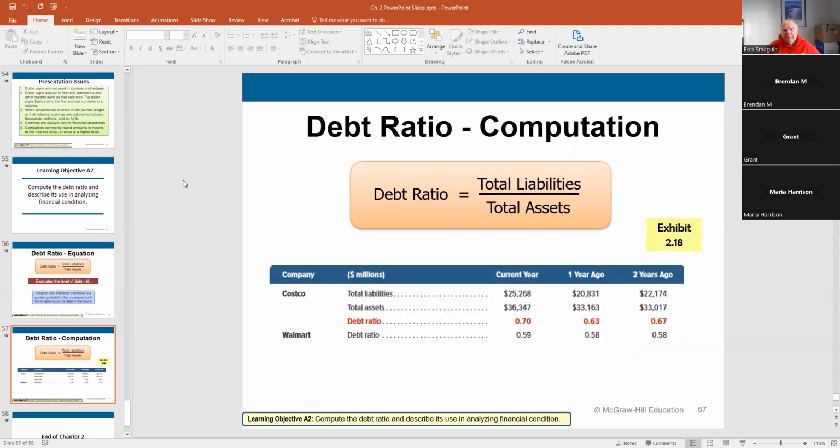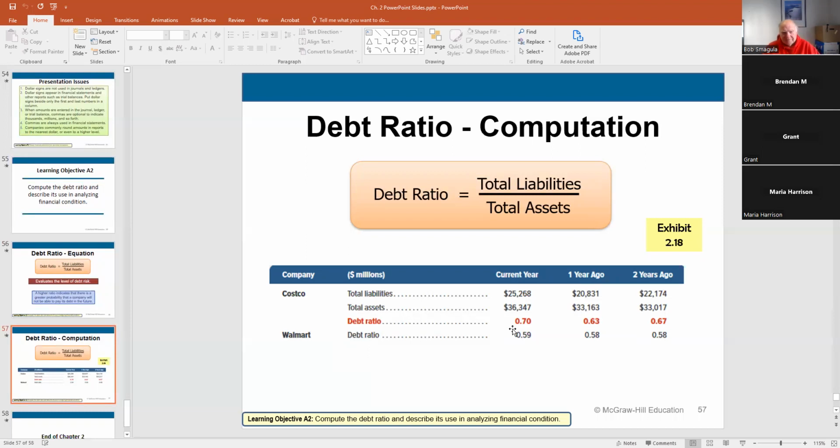So here we go. Total liabilities, total assets for Costco and Walmart. So we see Costco had $25 million, I guess, in liabilities. That could be billions, actually, but anyway. The debt ratio is 0.7, okay?